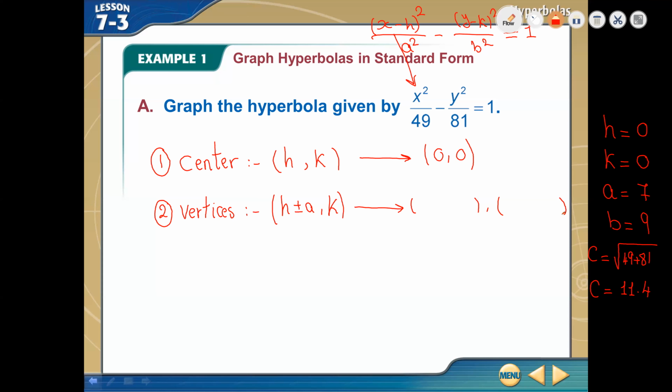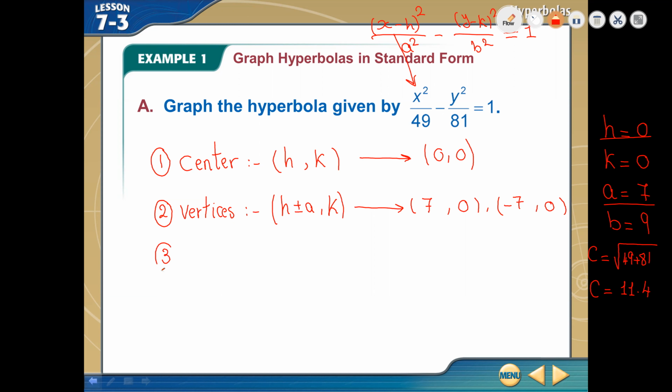H plus A is equal to 7, and K is 0. If you choose H minus A, it is negative 7 and 0. We get the two vertices.